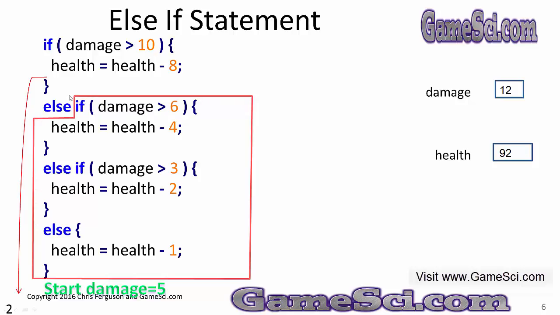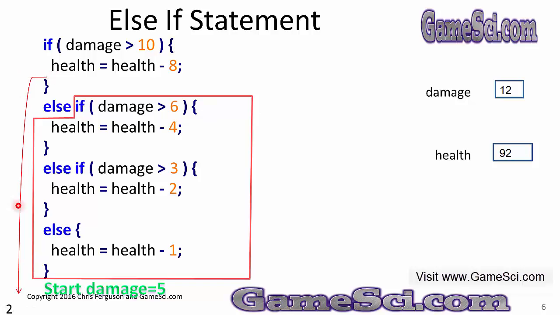Remember, if there's one and only one statement after the else, you don't need curly braces. So rather than putting a curly brace here, I immediately put a single if else statement. And what I'm going to do is skip this entire if else statement. So everything I have outlined here will be skipped in this else if statement.